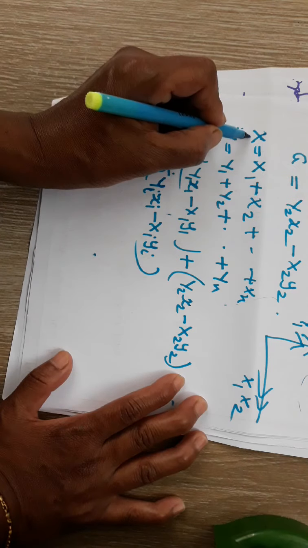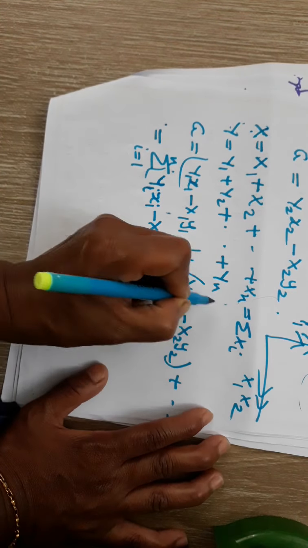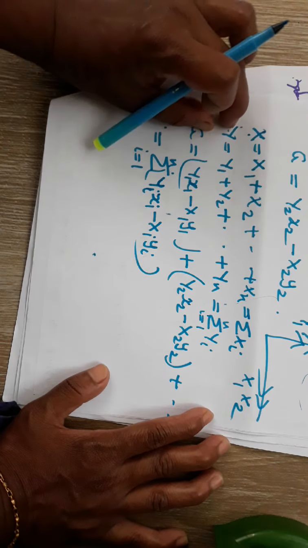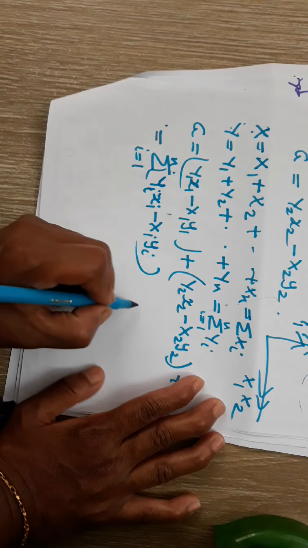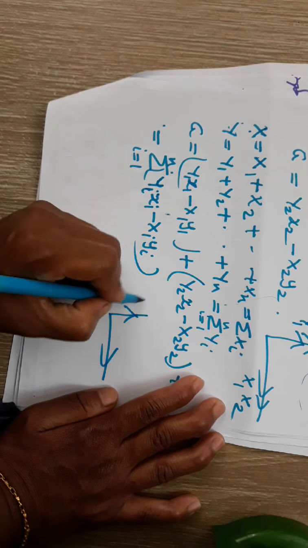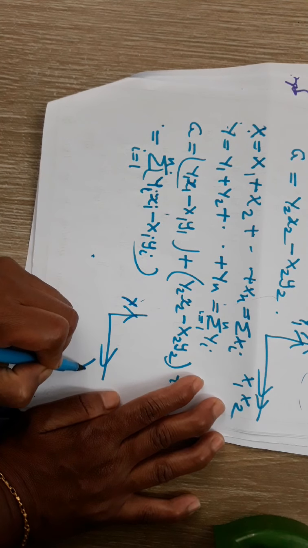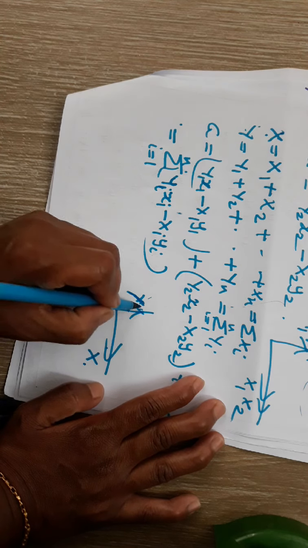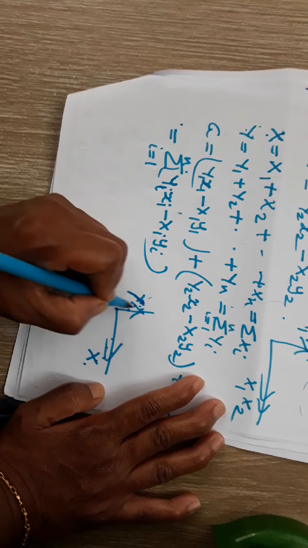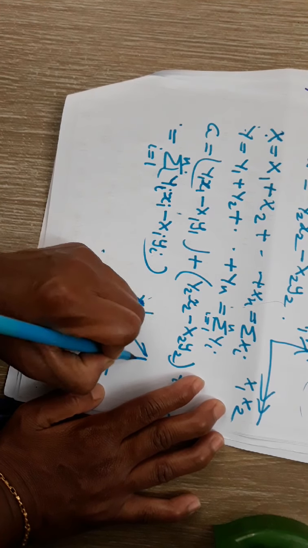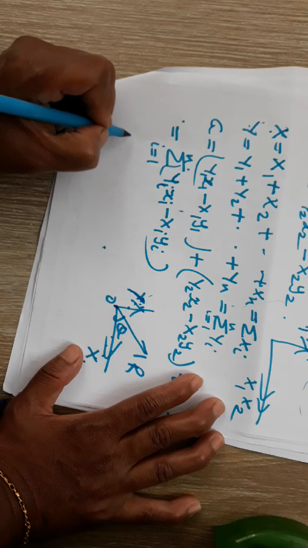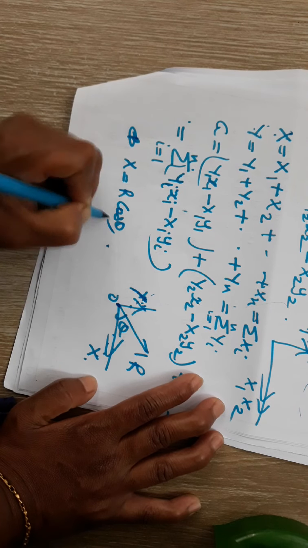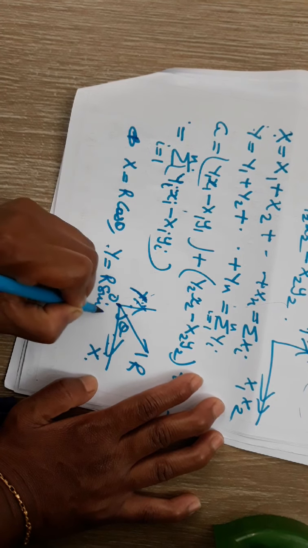Now the resultant force along the x-axis can be written as the summation of xi, and along the y-axis as the summation of yi, where i varies from 1 to n. These two forces x and y can be combined together to get a single resultant, say R, which makes an angle theta, such that x is equal to R cos theta and y is equal to R sin theta.